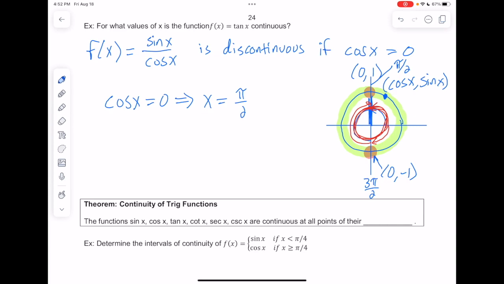But it's also going to happen at anything that's a 180-degree multiple from pi over 2. So if you take pi over 2, got a lot of scribbling on here, but we'll do some more. Here we are at pi over 2. If you go, let's switch to red, if you go halfway around, which is a multiple of pi, you're going to be at another 0 spot. If you from there went halfway around again, you're also going to be back at a 0 spot.